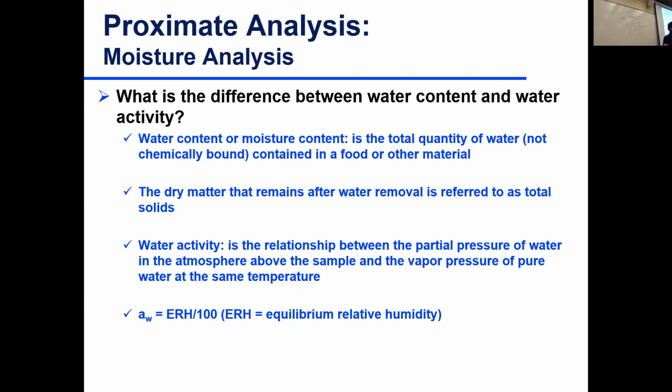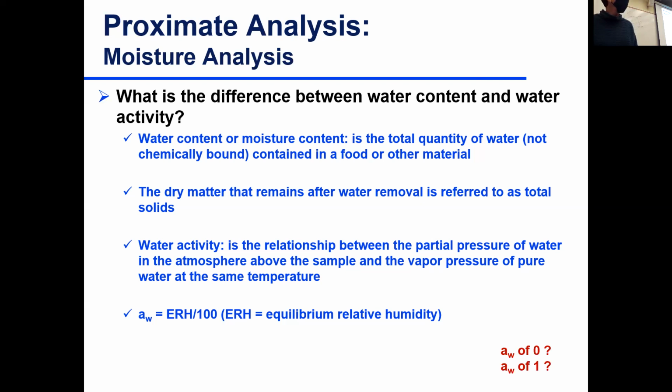So the vapor pressure of pure water is 100. Whatever the pressure of water in the atmosphere above the sample is, over 100, is your relative humidity. If it's out of 1, you call it water activity. If it's a percentage, you call it relative humidity. The more free water you have, the higher your relative humidity, or the higher the water activity.